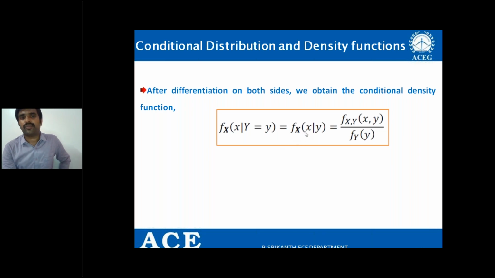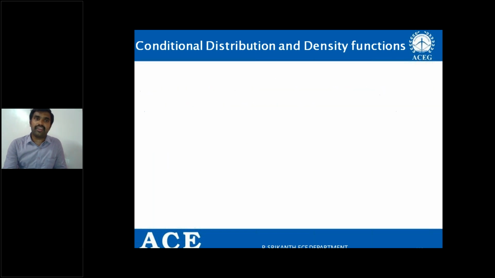It becomes fx of x given y, which is equal to fx,y of x comma y by fy of y. So finally, what are the expressions for conditional distribution and density functions for the discrete random variable?